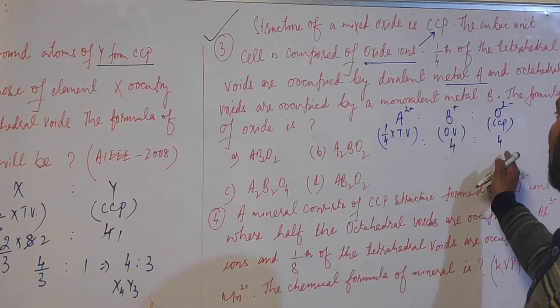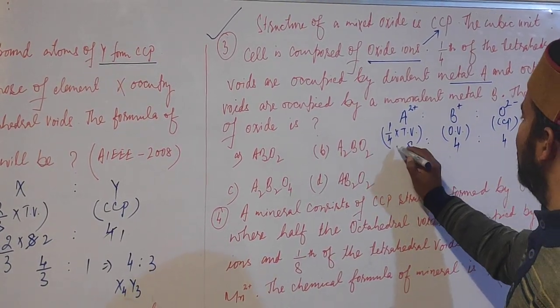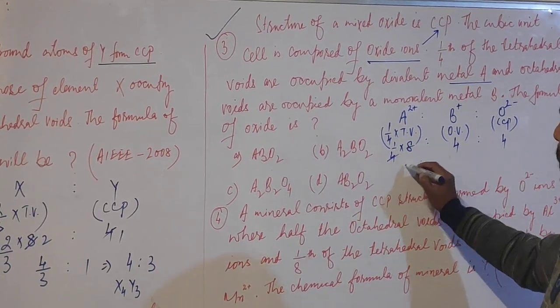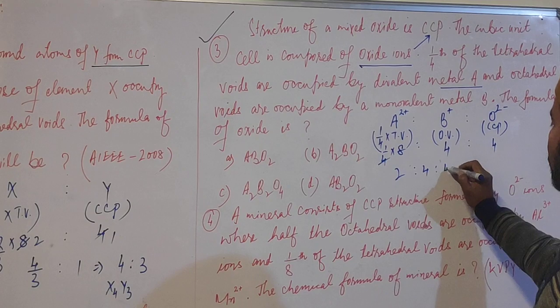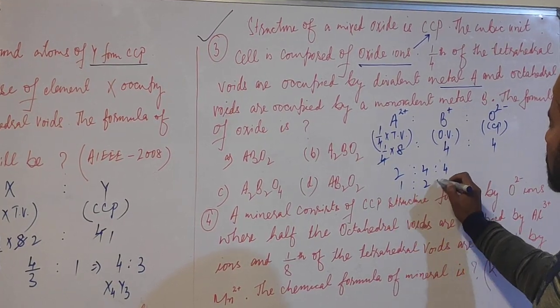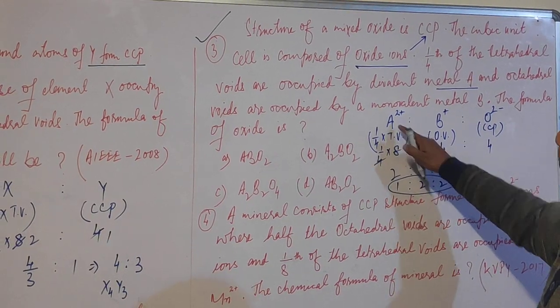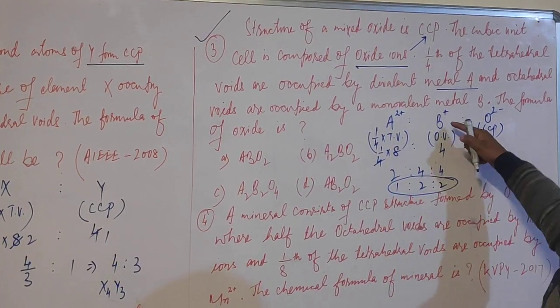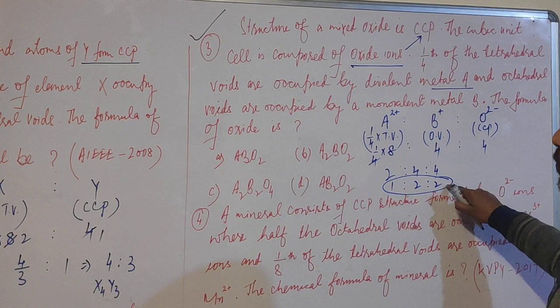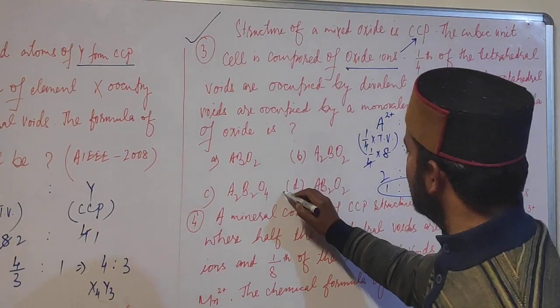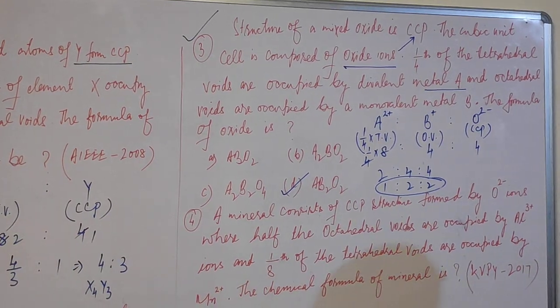Tetrahedral voids will be double of this, that is 8. And how many are occupied? 1/4 of 8. So we get 2:4:4, which can be simplified as 1:2:2. So from this we get formula A1 B2 O2. So it is A1 B2 O2.